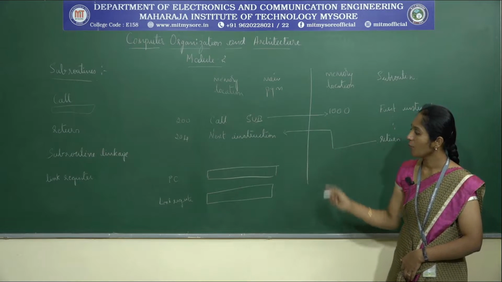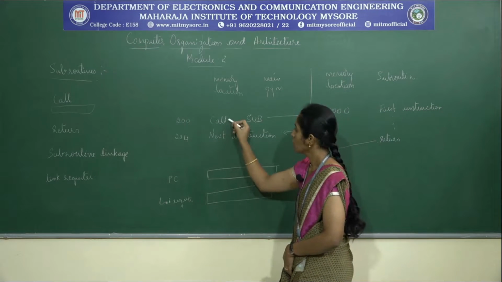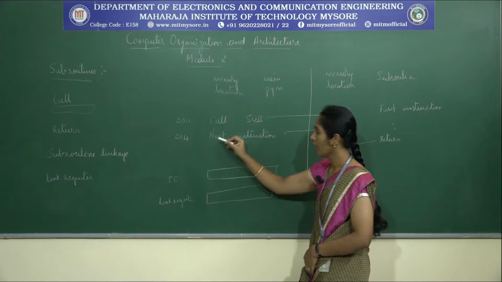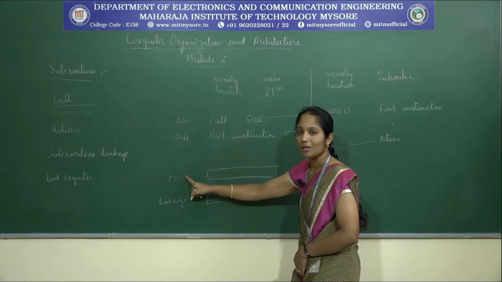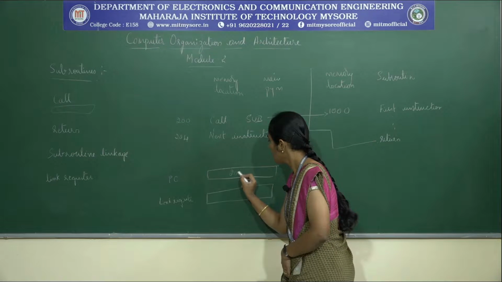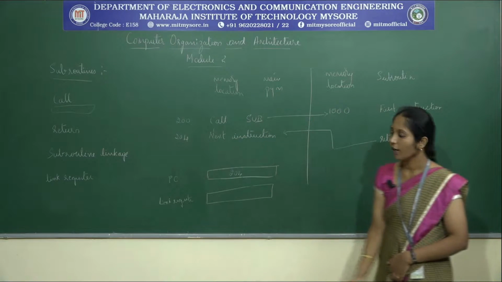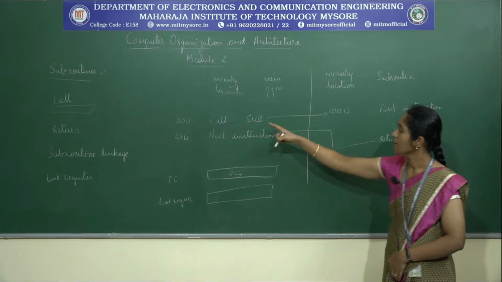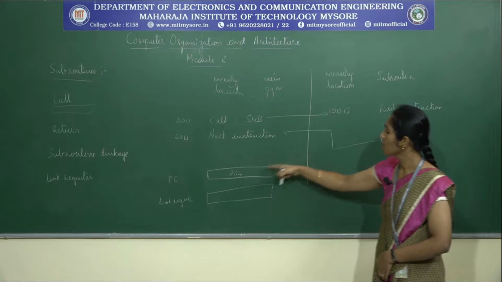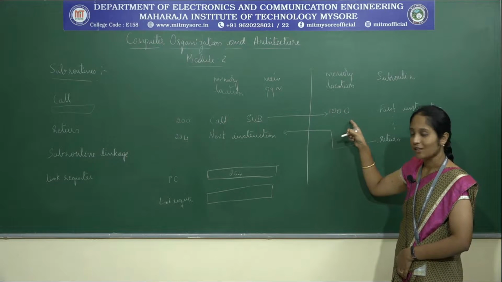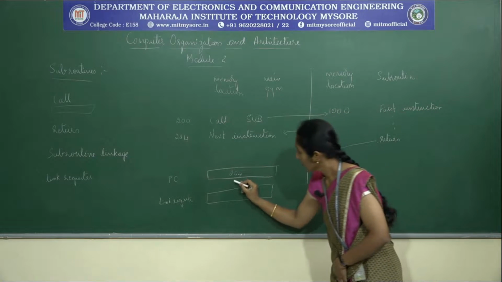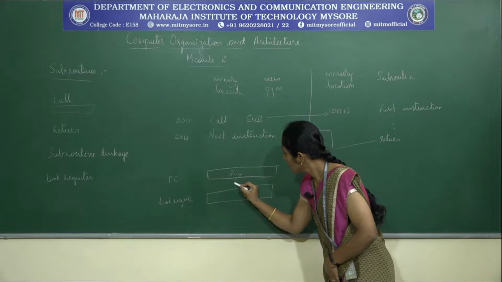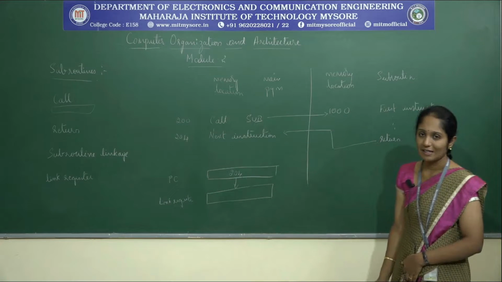So initially, while this is being executed, the PC will be pointing to the next address, that is 204, and once the call subroutine is executed, the PC is going to be loaded with the new address location, that is 1000, and 204 is copied into the link register.